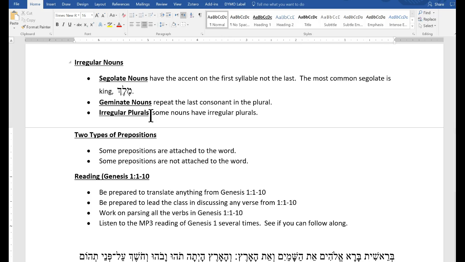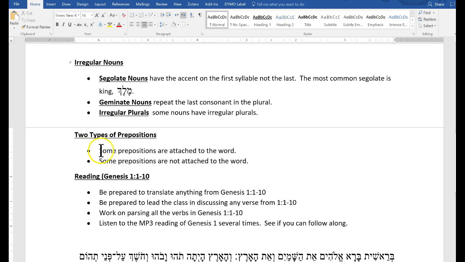He's giving us those rules. It's my experience that if you're aiming at just volume reading, you don't have to know exactly why it does what it does. If you just memorize this handful of words that do have strange plurals.